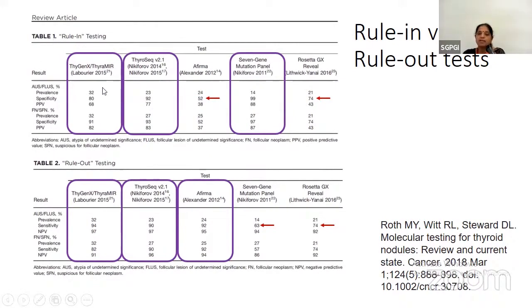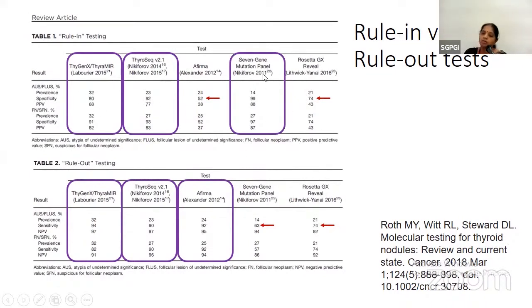So they looked at the sensitivity, and you see the specificity. So this is rule-in. If you want a rule-in, you want a high PPV and a high specificity. And if you look at that, Afirma fails here. Rosetta is not average, but this Thyroidectomy and Thyroidectomy have very good values, this is 92%, this is somewhere around 80% specificity, and the PPV 68%, something like 77%.